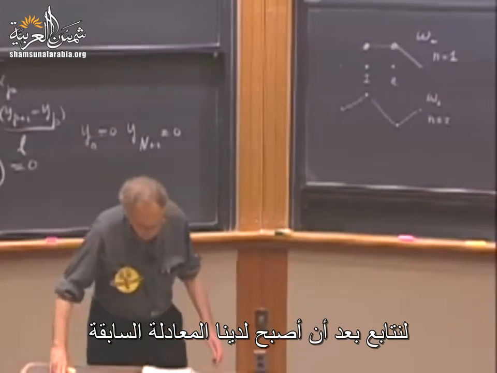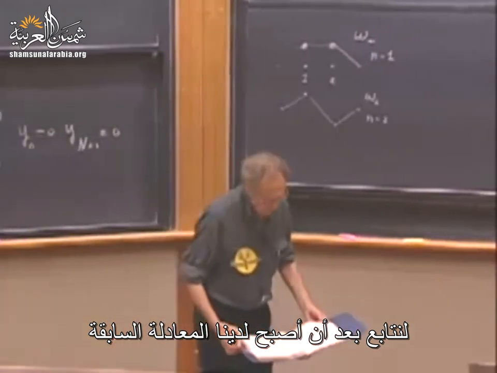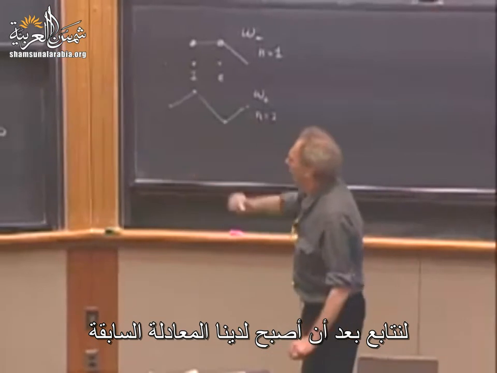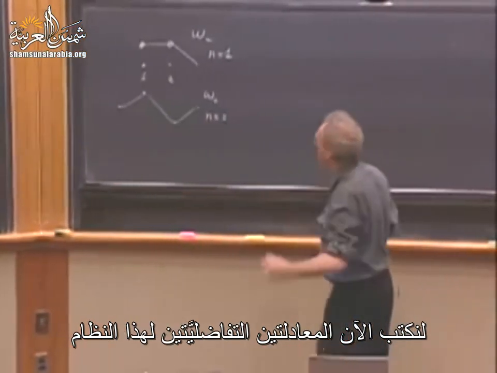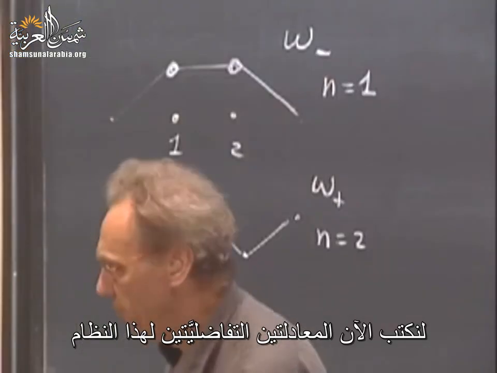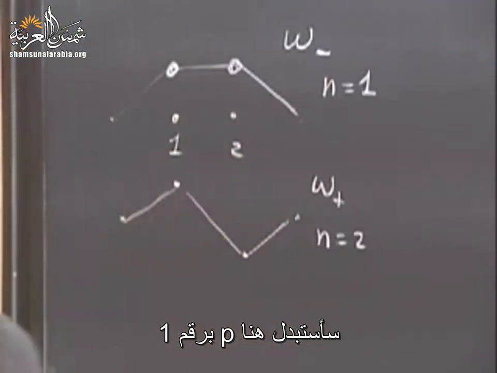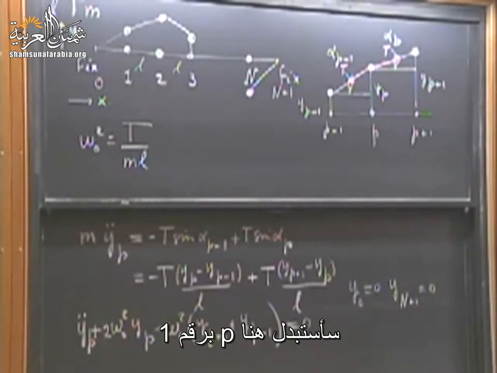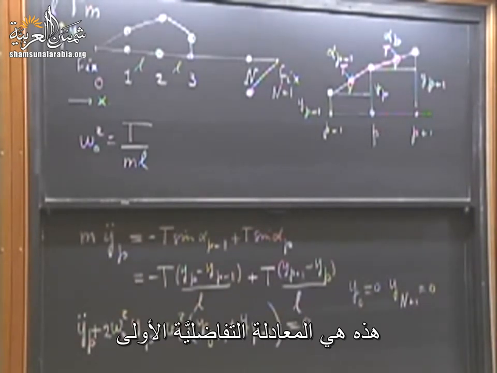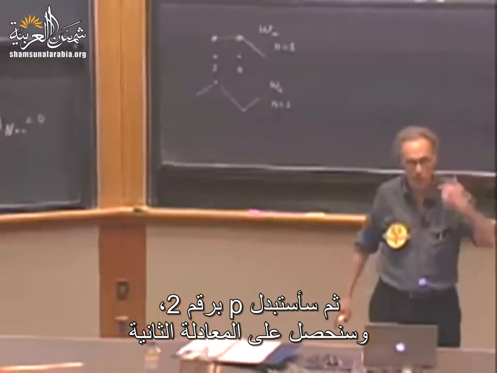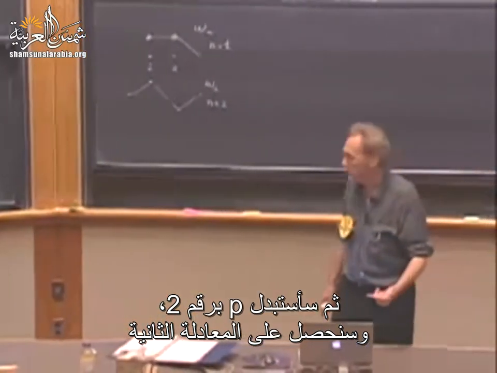So let us now proceed with the equation that we have, and let us write down the 2 differential equations for this system. Look at this one. We're going to substitute for P first number 1, which is one differential equation. Then we put in for P number 2, and we get a second differential equation.